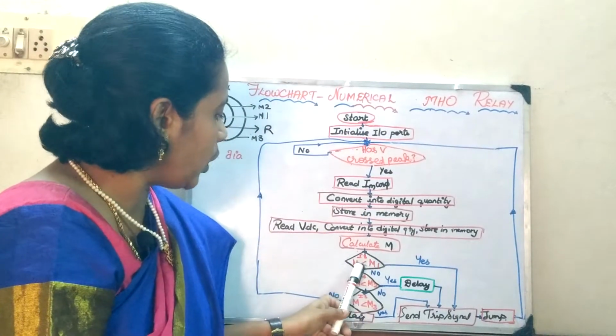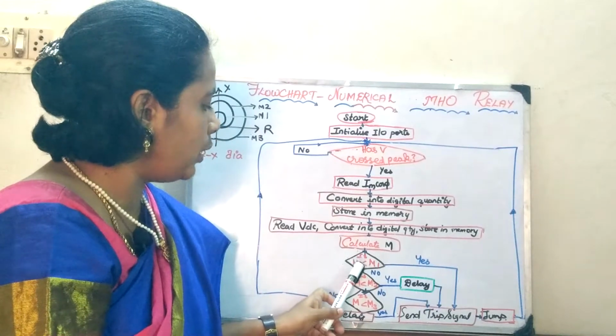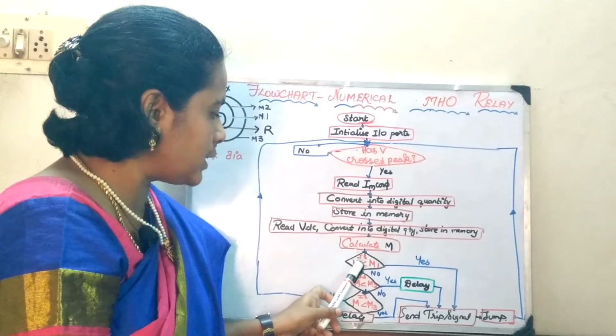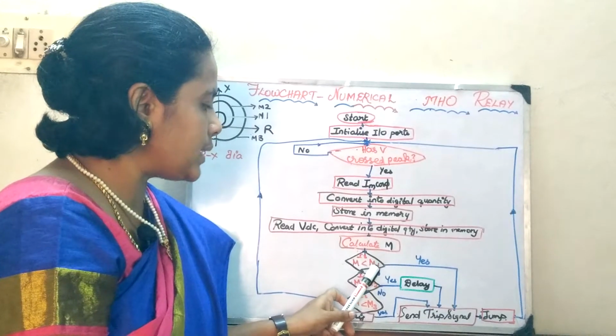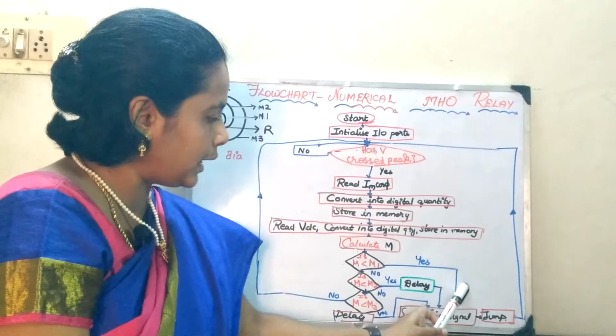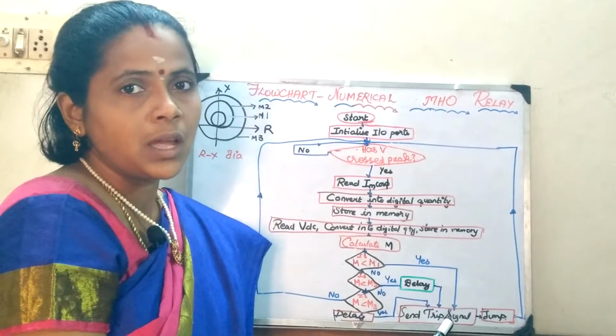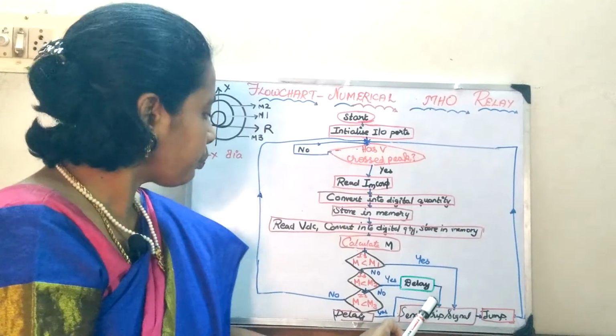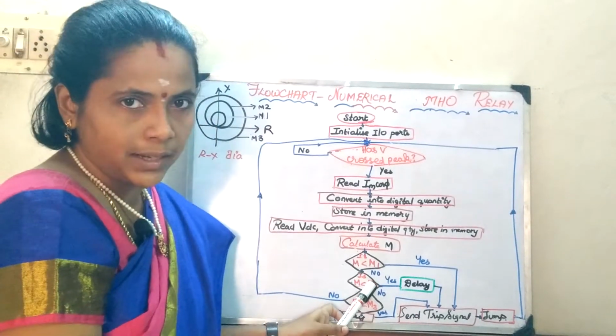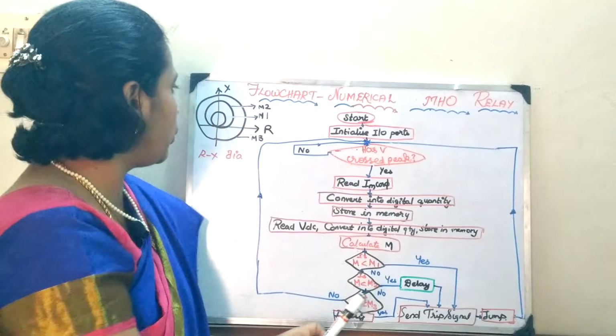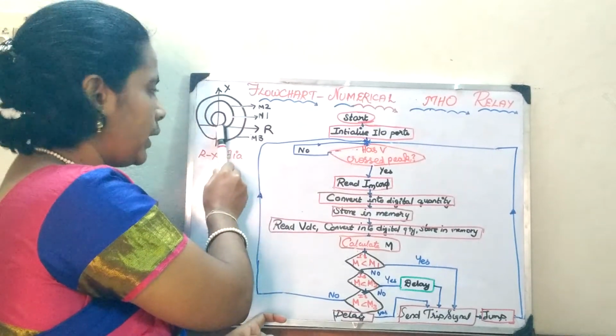Whenever you check the reference value, that is your reactance or admittance value M, if it is less than M1, it directly sends a trip signal to trip the circuit breaker. Now we move on to the next condition, that is M less than M2. It comes under your zone 2 protection.